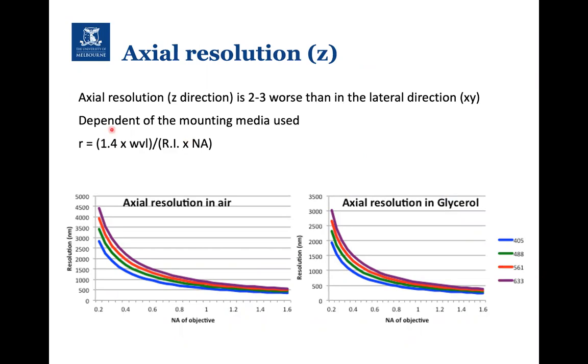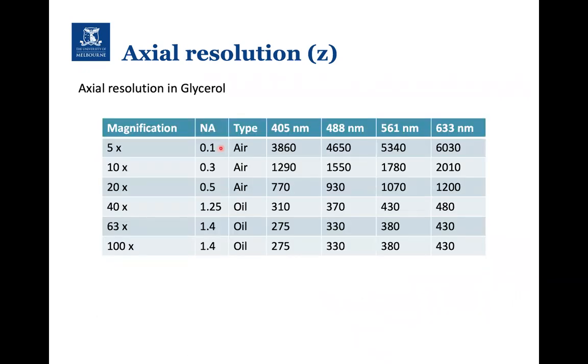And this depends on the mounting media that you've used, so there's a refractive index of the mounting media within the equation for calculating the resolution in the axial direction. And this table just has an overview of the axial resolution in a glycerol-based mounting medium.